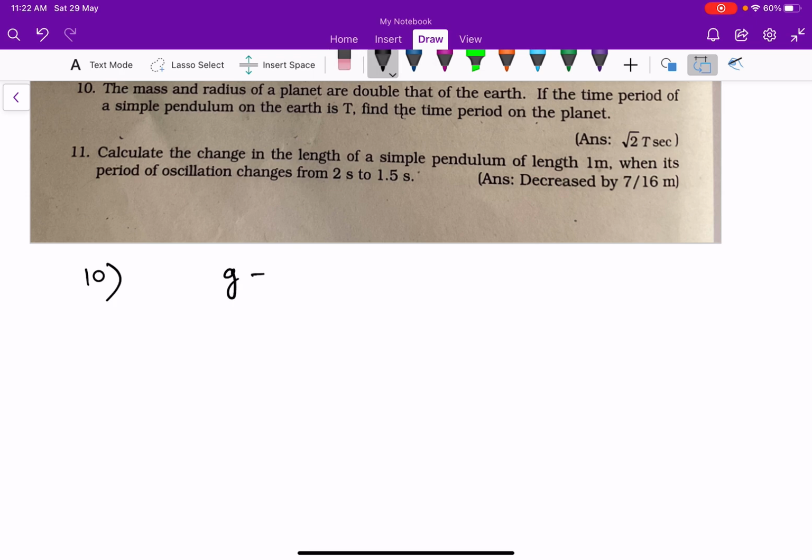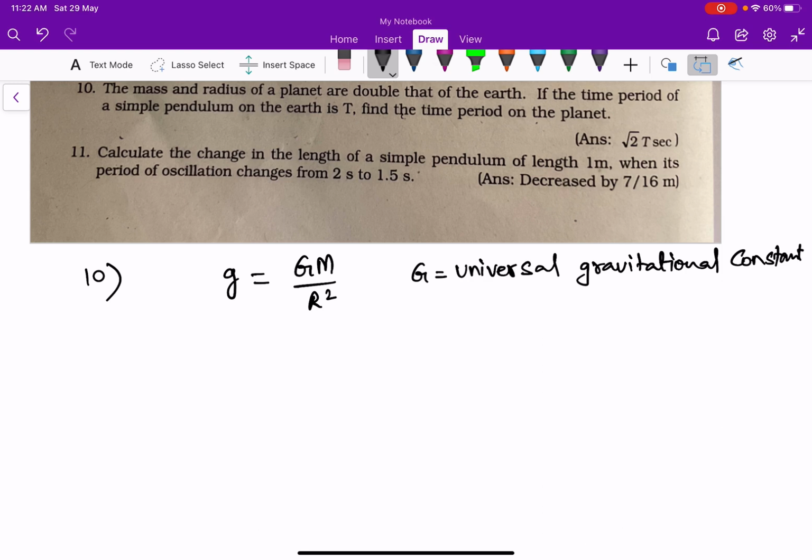Acceleration due to gravity g is equal to GM by r square, where G is the universal gravitational constant, M is the mass of the planet and r is the radius of the planet.